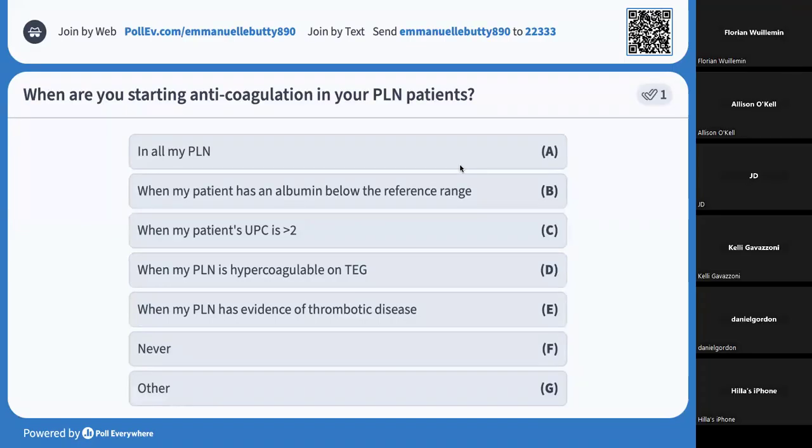When your patient has an albumin below the reference range, when your patient has a UPC at a specific level, typically like an example here above 2, when your PLN is hypercoagulable on a TEG, or where it has evidence of thrombotic disease, or are you never really using any anticoagulation in your PLN patients? Or if you have any other input, you can always add that in the chat.